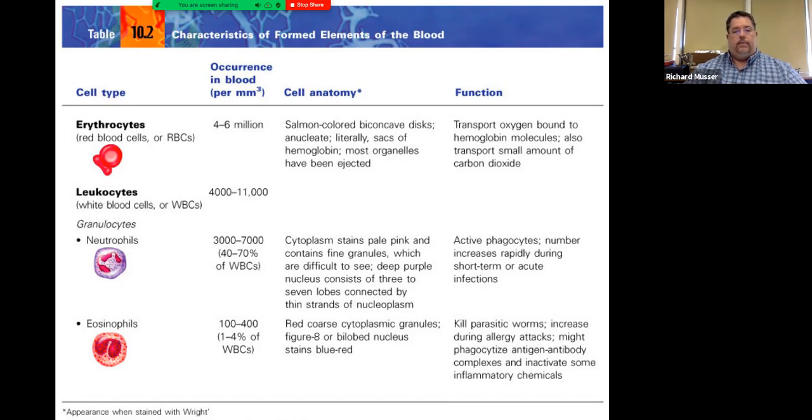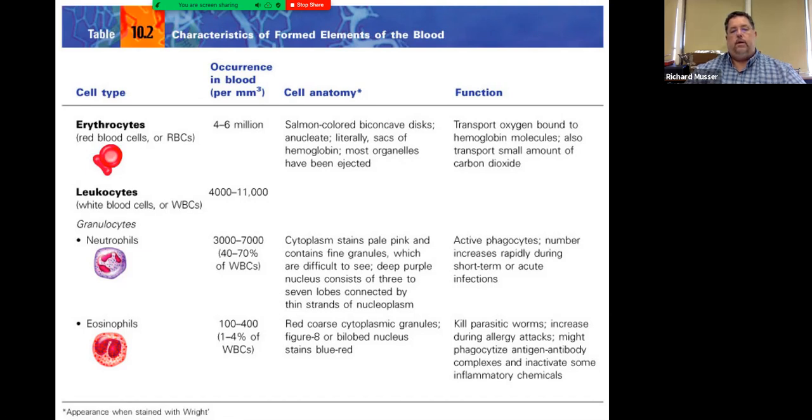Then there's a lot of different types of leukocytes. There's things like neutrophils. These are going to be stained cells. They might not necessarily look purple or red with big dots until they've been stained. And so we have some granulocytes here. They stain pale pink and contain fine granules.